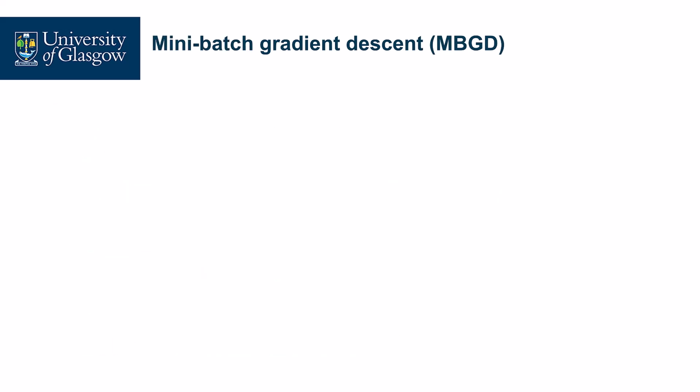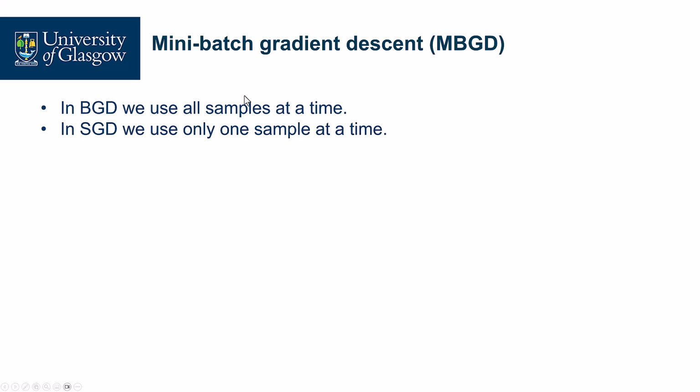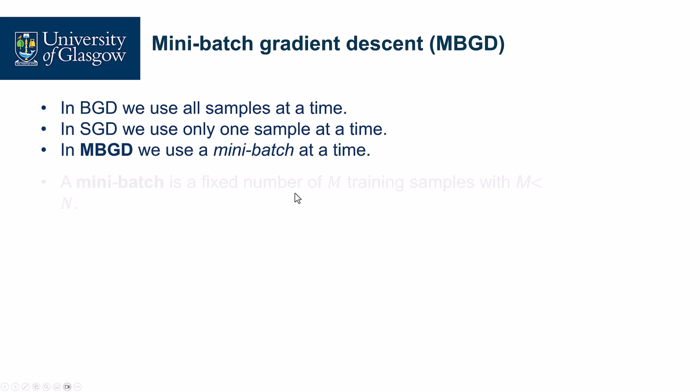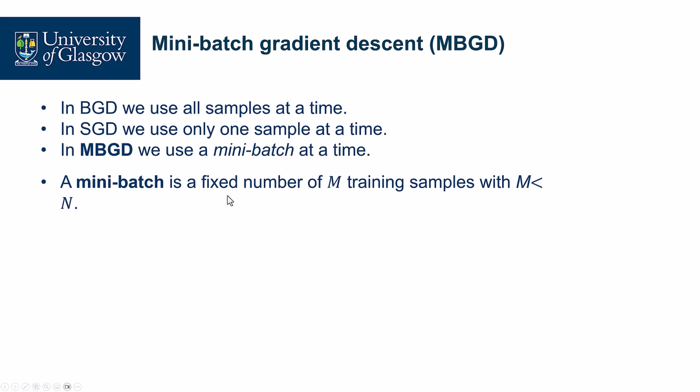Then people thought of a middle method, which we call mini-batch gradient descent. Different from BGD and SGD, we don't use all the samples or only one sample at a time. Instead, we use a mini-batch at a time. So what is a mini-batch? A mini-batch is a subset of the n samples.